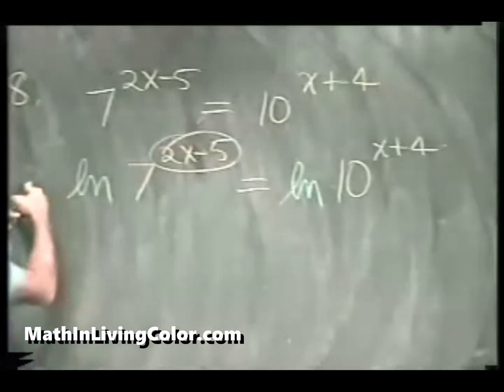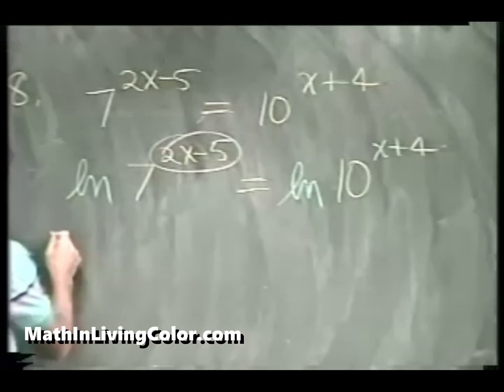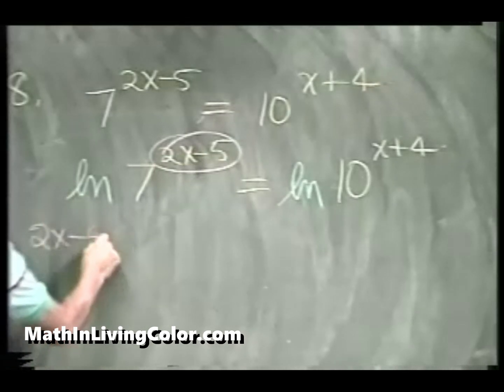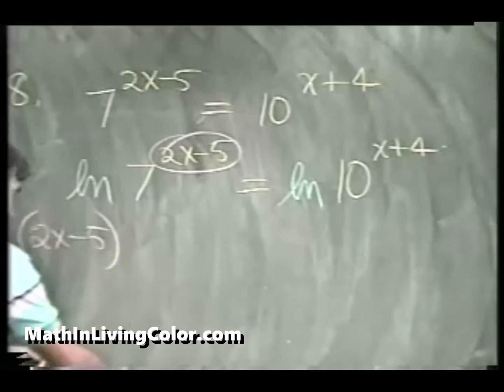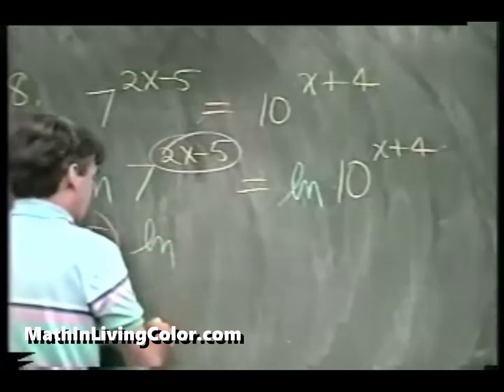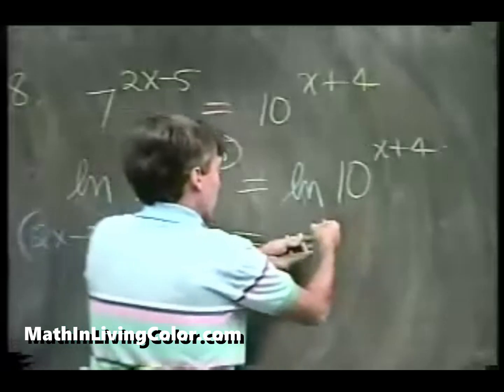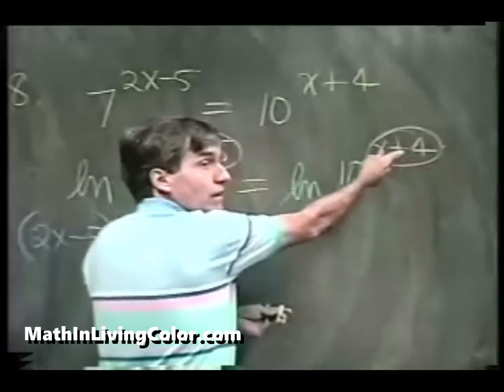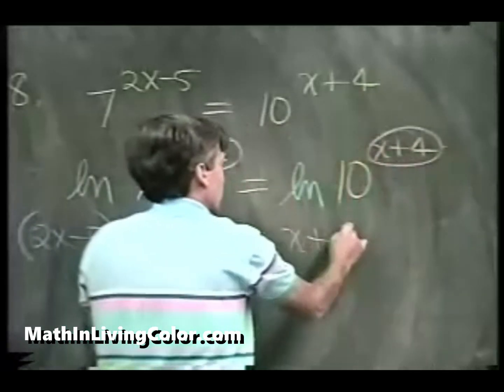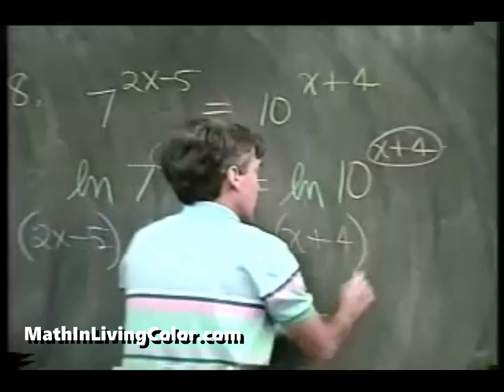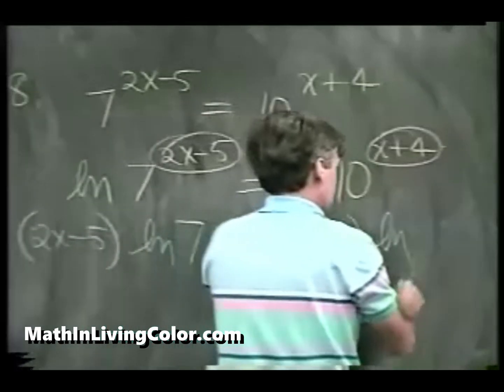Bring it down and make it the coefficient. So what it says is 2x minus 5, the quantity, times the ln of 7 is equal to, and what do I do with this power? x plus 4 times the ln of 10.